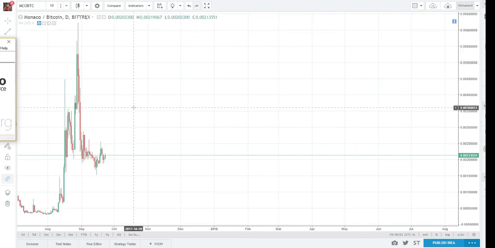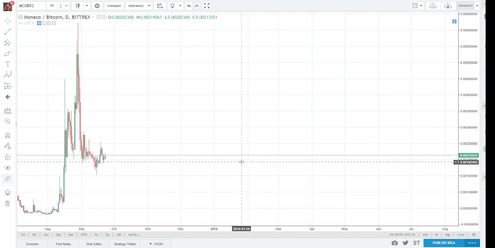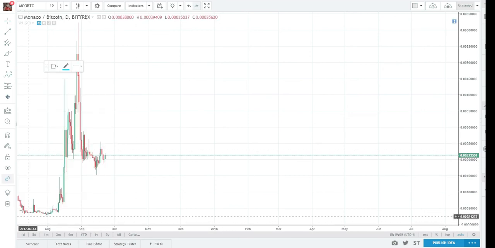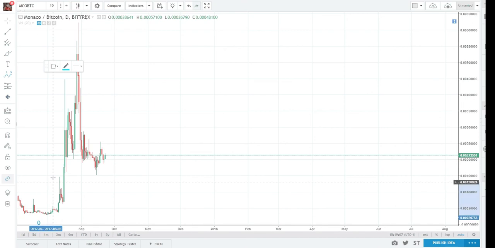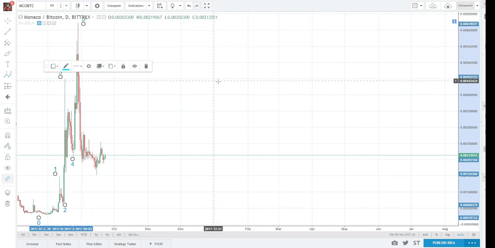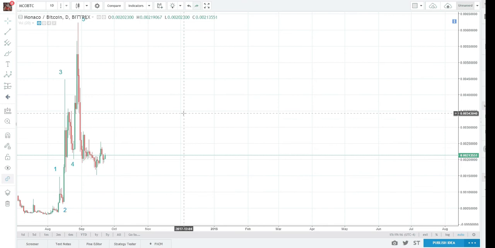Here is Monaco to BTC. It's really no different. So there's a correction. 1, 2, 3, 4, 5. I hope you guys are getting used to the rules of labeling the Elliott waves. What's often difficult to label are the corrections, especially the complex corrections.